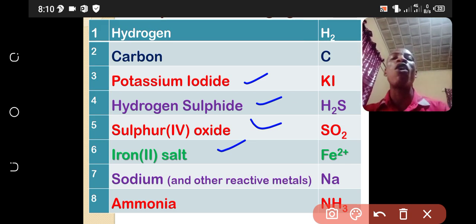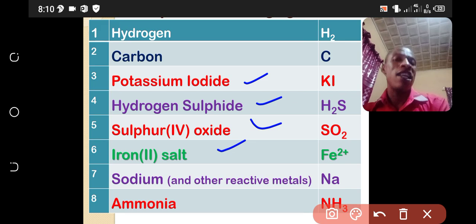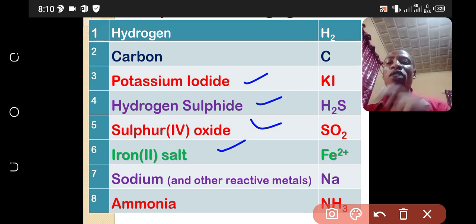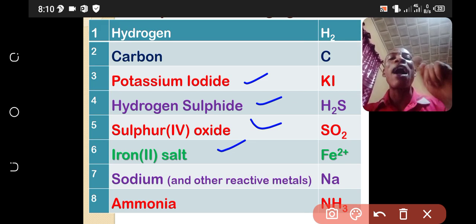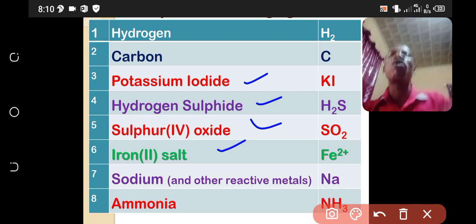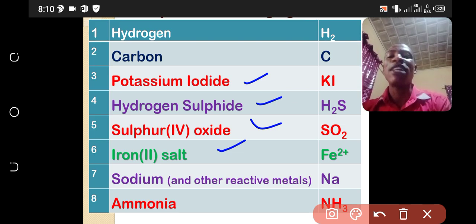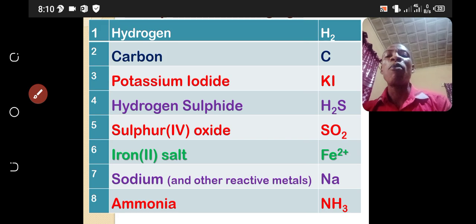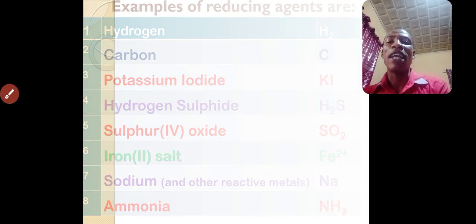And don't forget that oxidized species are reducing agents. So sodium and metals that are highly reactive in the activity series are reducing agents. They have the ability of quickly donating or losing electrons. Ammonia is a reducing agent.